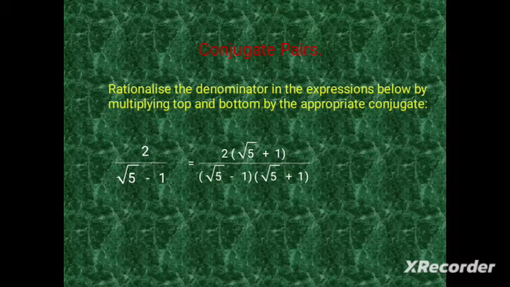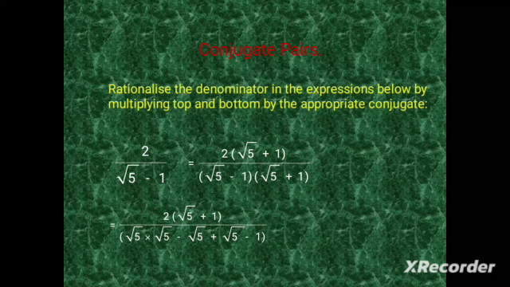So you multiply both top and bottom. At this point you just work out the numerator separately and the denominator separately. Then you will have 2 into bracket root 5 plus 1, because you will have to open that. And on the denominator, you realize that it is a difference of 2 squares, a squared minus b squared.